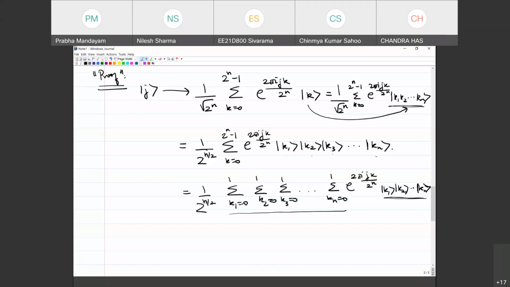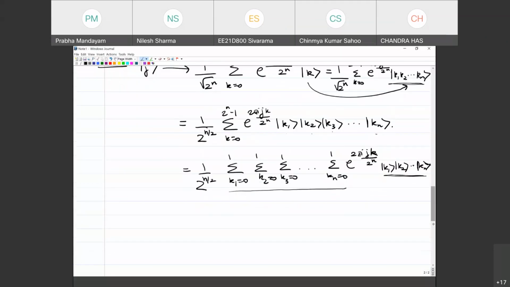So what we will do now is to represent this k on top, right, as in that point form, right? Because this is basically of the form k over 2 to the n, but then k is nothing but k1, k2, k3, etc. It's that string by 2 to the n. So then we can represent this in this form.